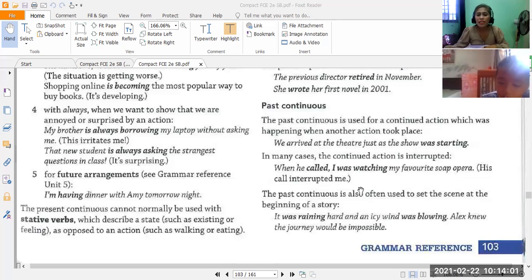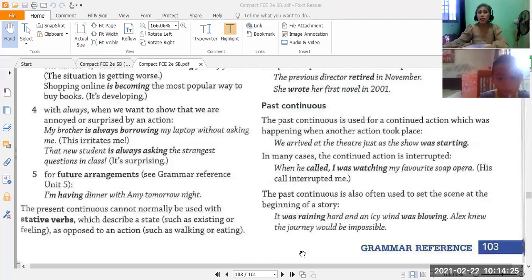The past continuous is also often used to set the scene at the beginning of a story. It was raining hard and an icy wind was blowing. It was raining hard, one action, and an icy wind was blowing, second action.